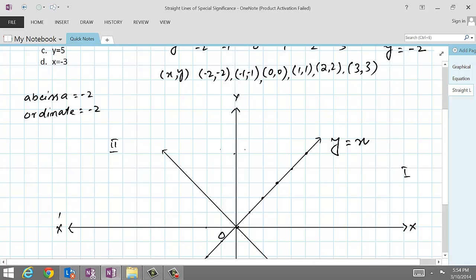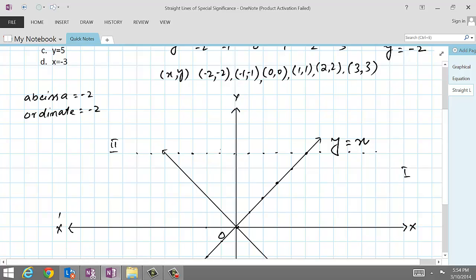For every point on this line, the height, which is y, is equal to 5. No matter what the value of x is, y is always 5.